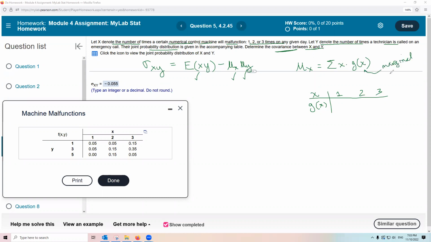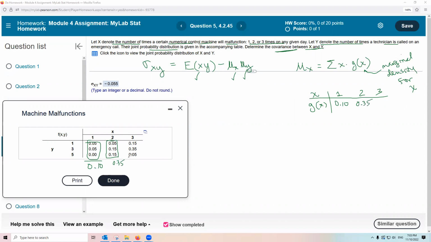Marginal density function for X. All right, well, if you remember, the way you could do this is really sum up these probabilities in the column. So if I add up these probabilities here, this is 0.10. So that's the value of g of X when X is 1. When X is 2, I'm going to add up these probabilities, which is 0.35. So that's the value of g of X when X is 2.